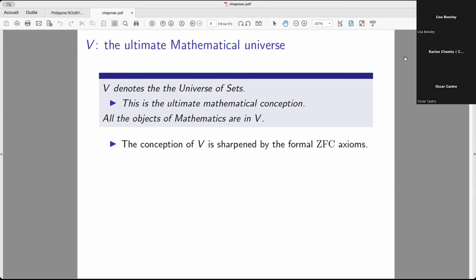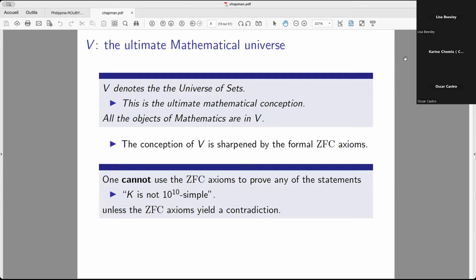All right. So what's the ultimate mathematical universe? Well, I'm a set theorist. So it's V, the universe of sets. And all the objects of mathematics are in V. And we sharpen our conception of V by the formal ZFC axioms. One cannot use the ZFC axioms to prove any of those statements.